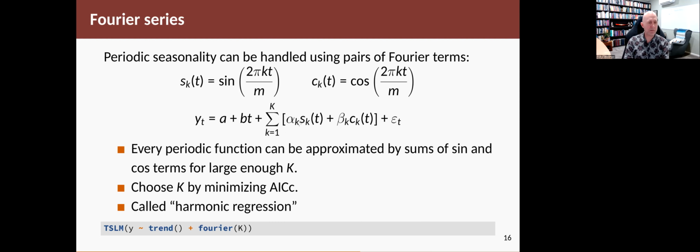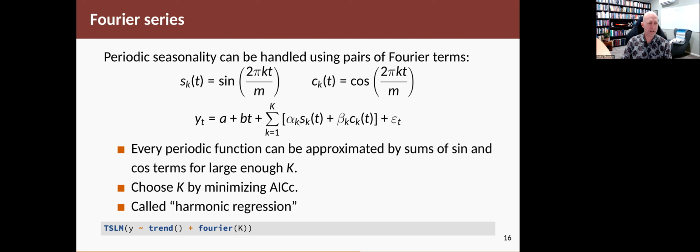So you just have to pick k big enough to handle the complexity of the pattern that you're seeing in the data, the complexity of the seasonality. And you can choose k by minimizing the AICc. We'll talk about how that works in a regression context in the next section. This is called harmonic regression because it's modeling harmonics. So each of these pairs of sines and cosines gives you another harmonic.